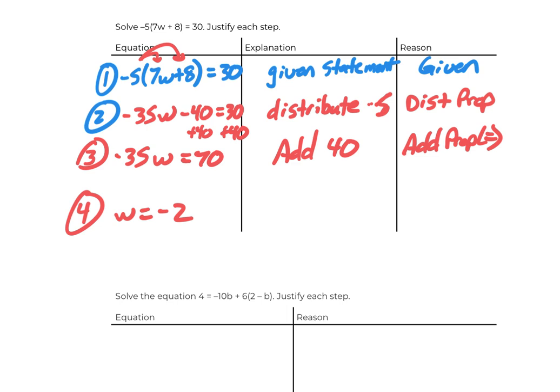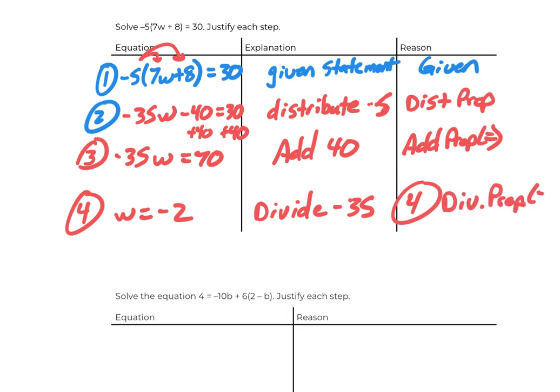We divided by -35. And so because we divided, then that pretty easily tells me over here, then this is the division property of equality. And now we know we're done because we have w by itself and we have identified our reasoning for each step.